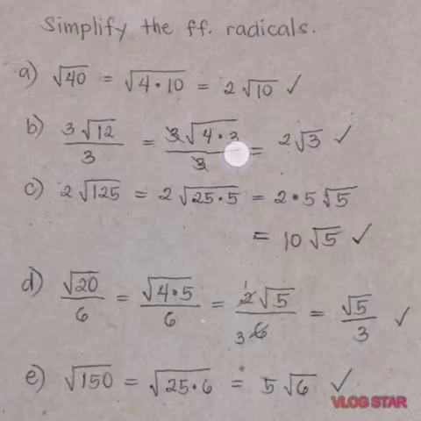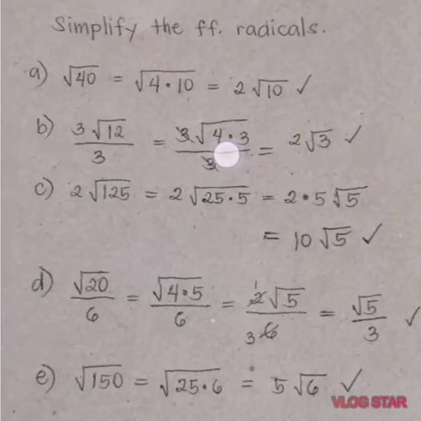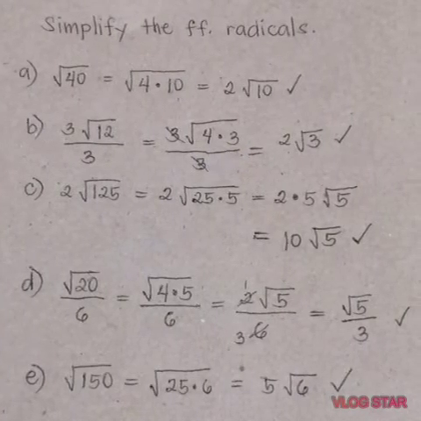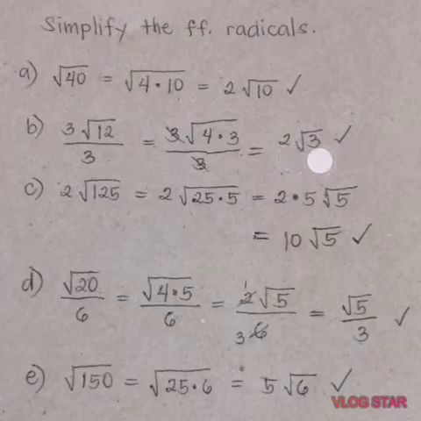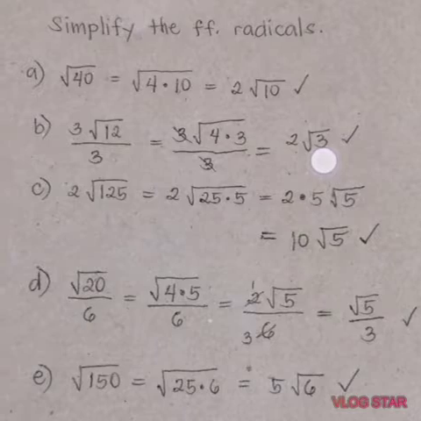You cannot use 6 and 2 as factors because 6 is not a perfect square and 2 is also not a perfect square. That's why we use 4 and 3. The square root of 4 is 2, and the square root of 3 is none, so it is left inside the radical sign. Therefore, the answer is 2 square root of 3.